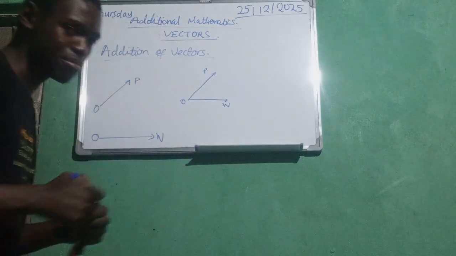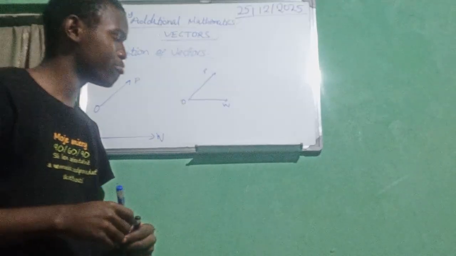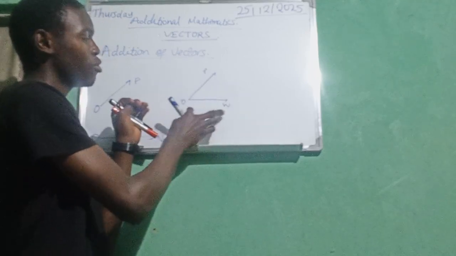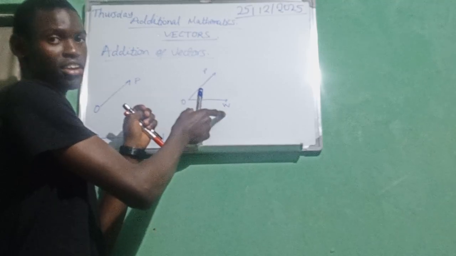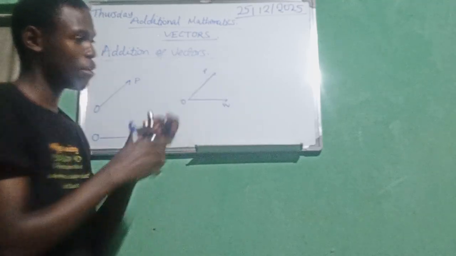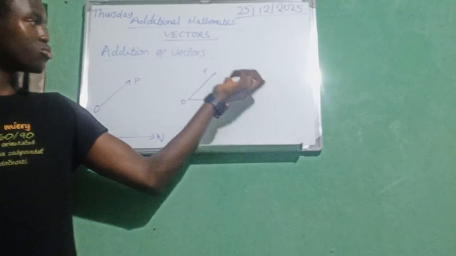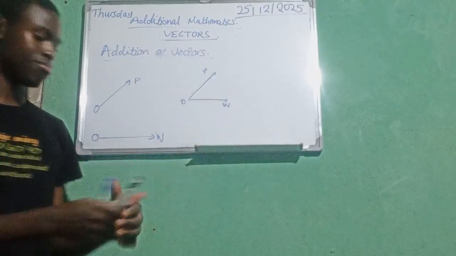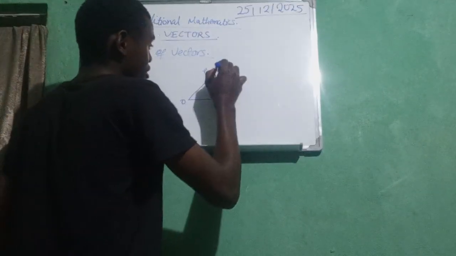So to add them, what you're going to do is this vector, the OW, here, is going to come up there. So this is going to be brought onto there. This onto there. The same length.